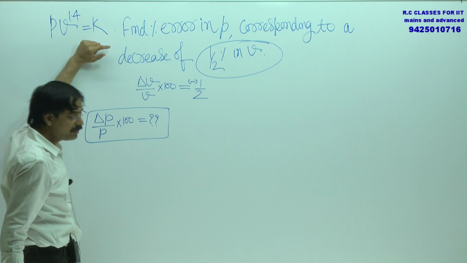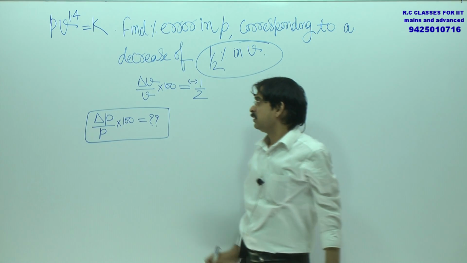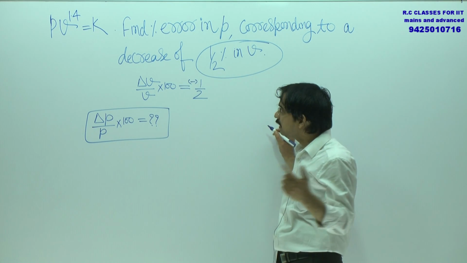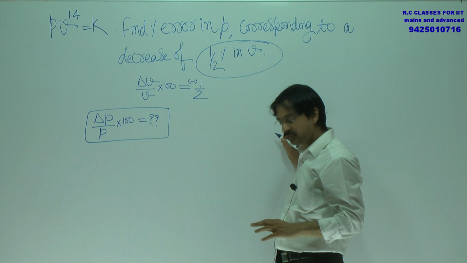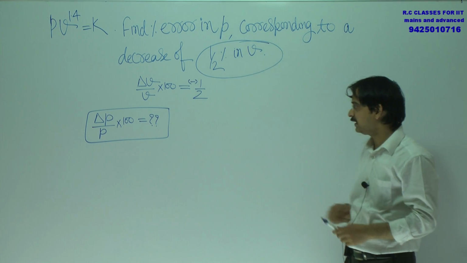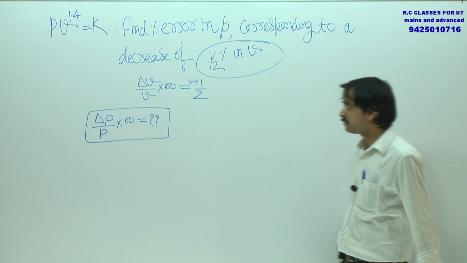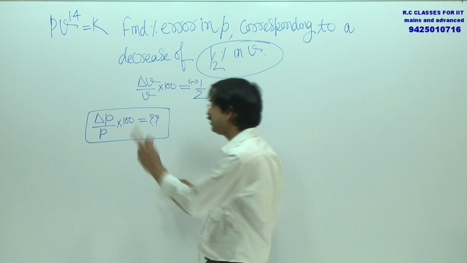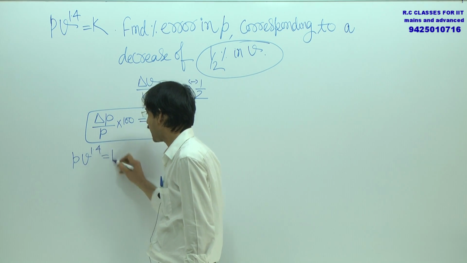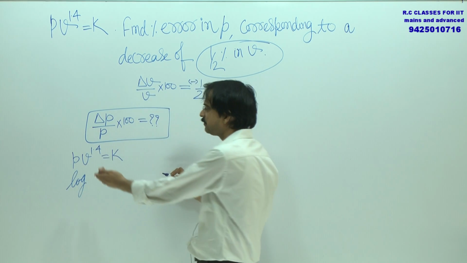So definitely first we'll be calculating dP by dV, from the given relation PV raised to power 1.4 equals K. Taking log both sides, we'll then differentiate.